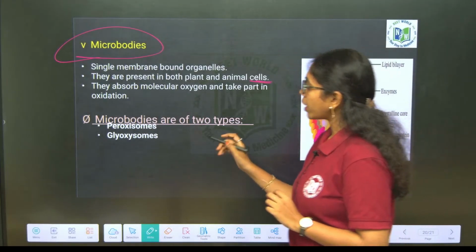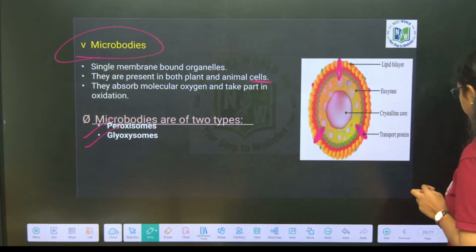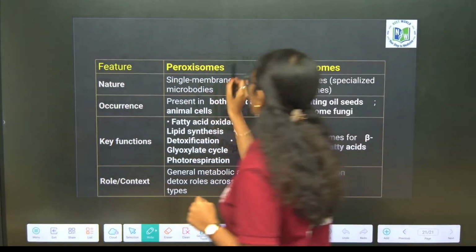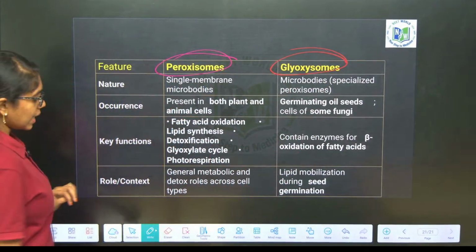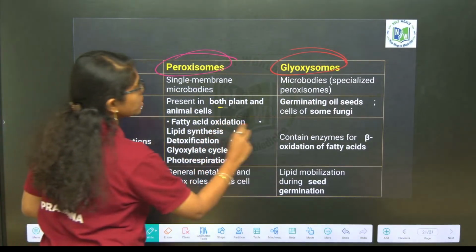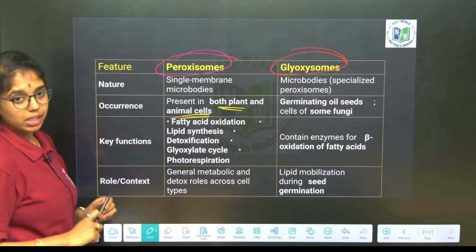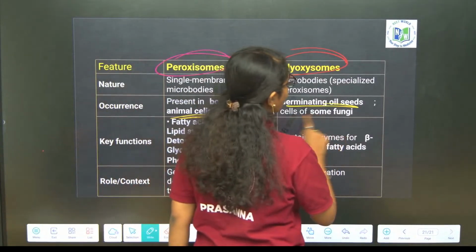Microbodies are of two types. What are they? Peroxisomes and glyoxysomes. Both are single membrane bound, right? Peroxisomes are present both in plant cells and animal cells, whereas glyoxysomes are present only in germinating oil seeds.